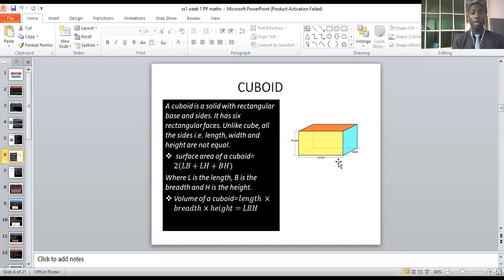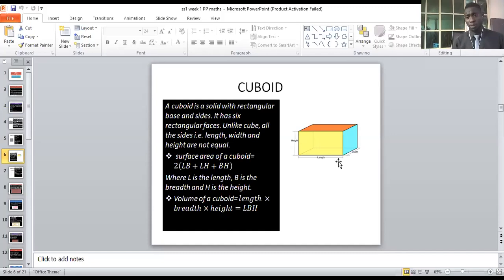That's why you have 2LB plus 2LH plus 2BH. The length and breadth of a side have equal size for 2 faces. The rectangular base is equal to the top, the opposite side is equal to this, and the side here is equal to that. So we have the side of length times breadth plus L times H plus B times H, all multiplied by 2, where L is the length, B is the breadth, and H is the height.